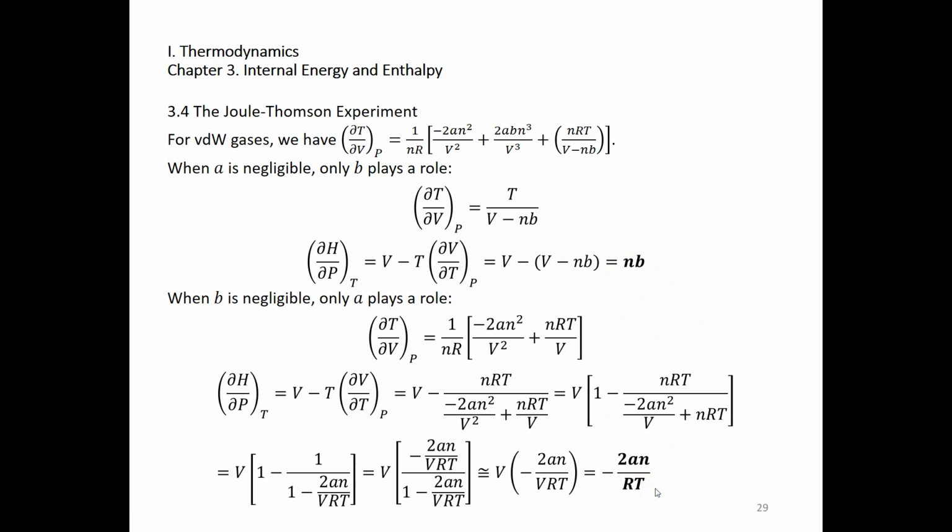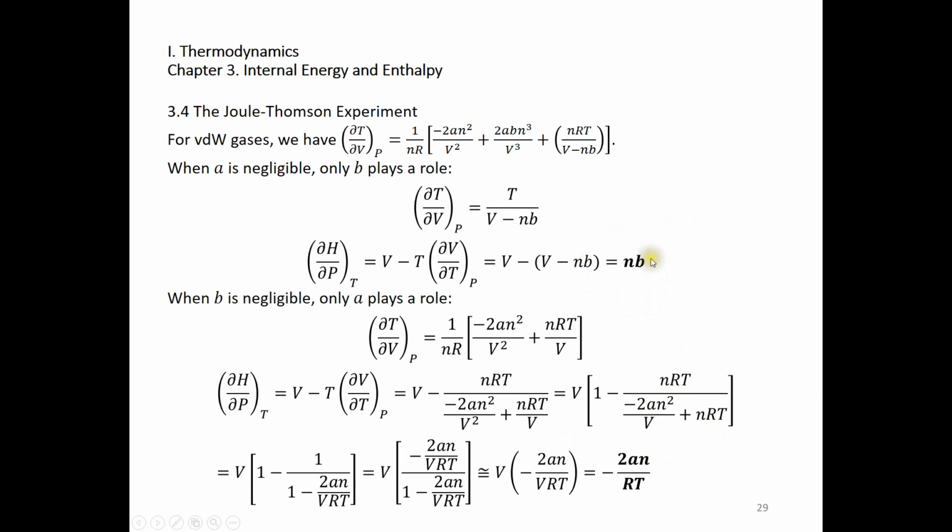And now we made two different approximations: when a is negligible and when b is negligible. What if neither is negligible? We're going to assume delta H over delta P is then this plus this, the repulsion factor plus the attraction factor.